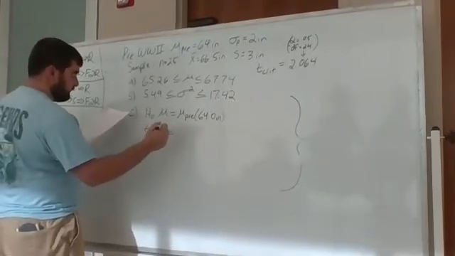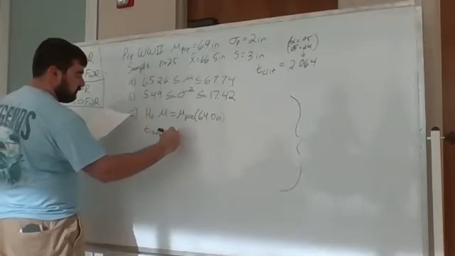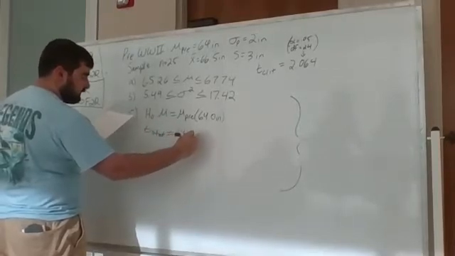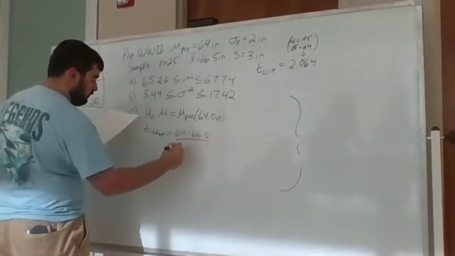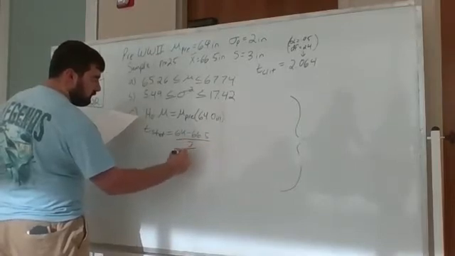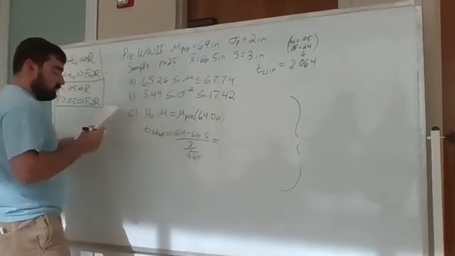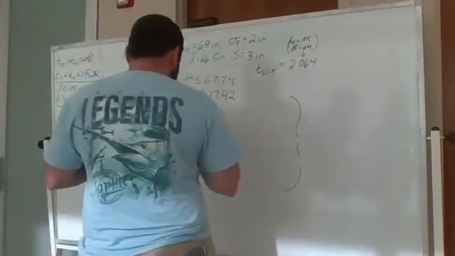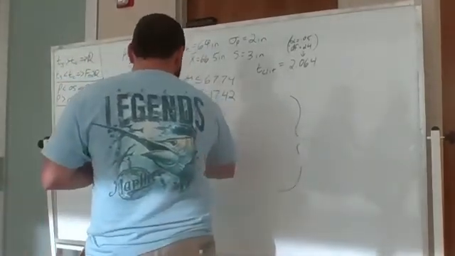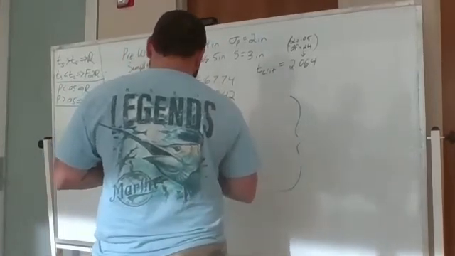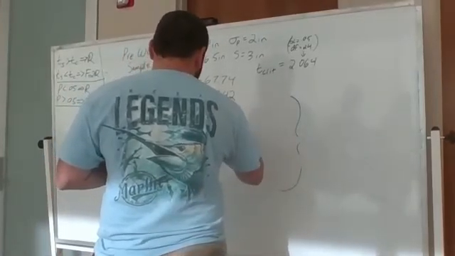And he has it: 64 minus 66.5 over 3 over the square root of 25. And when you work that out, and he has the absolute value of this whole thing, you get 4.17.